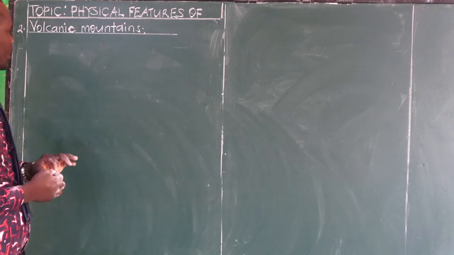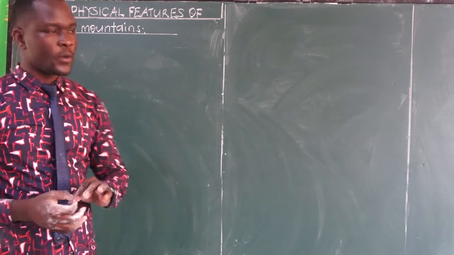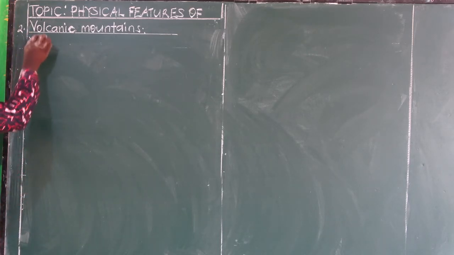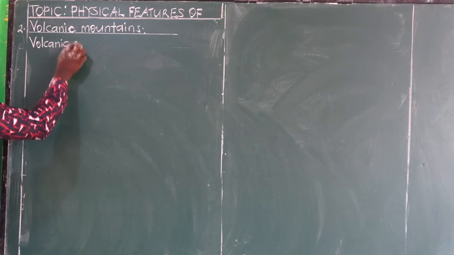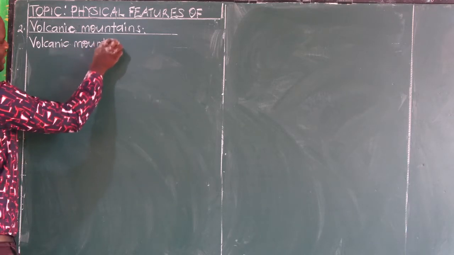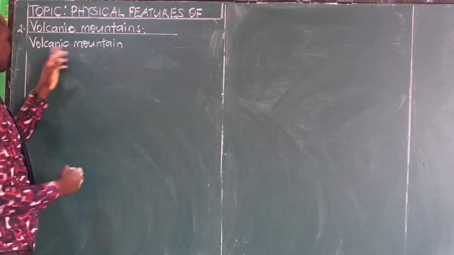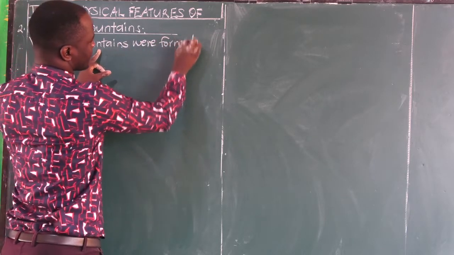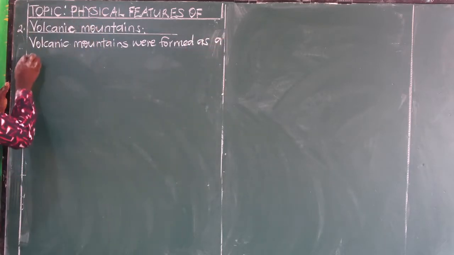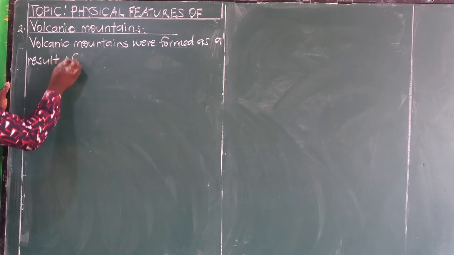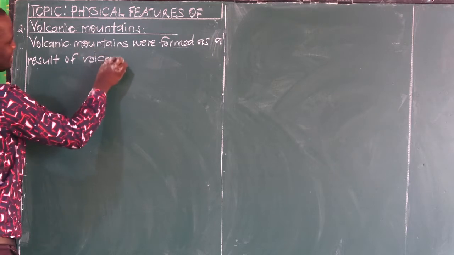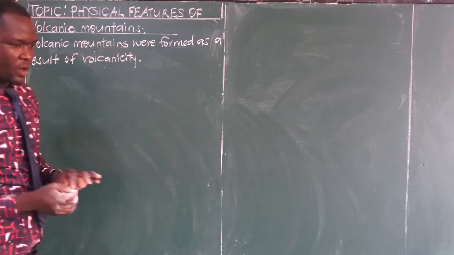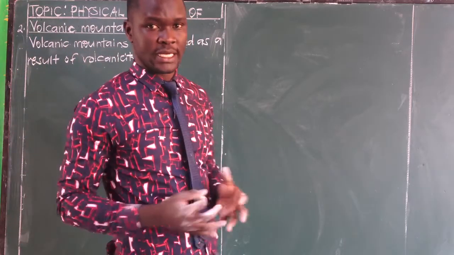So, for volcanic mountains, we are going to look at how volcanic mountains are formed. Now, volcanic mountains were formed as a result of volcanicity, or we can call it volcanic eruption, which means here we are going to look at eruption taking place.